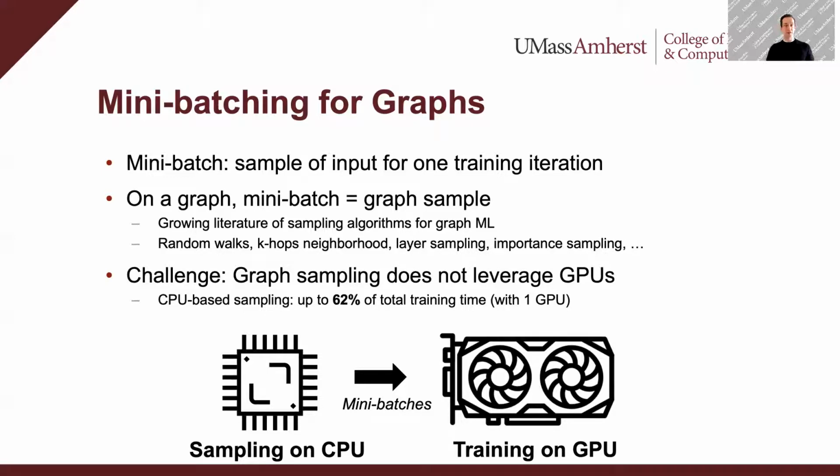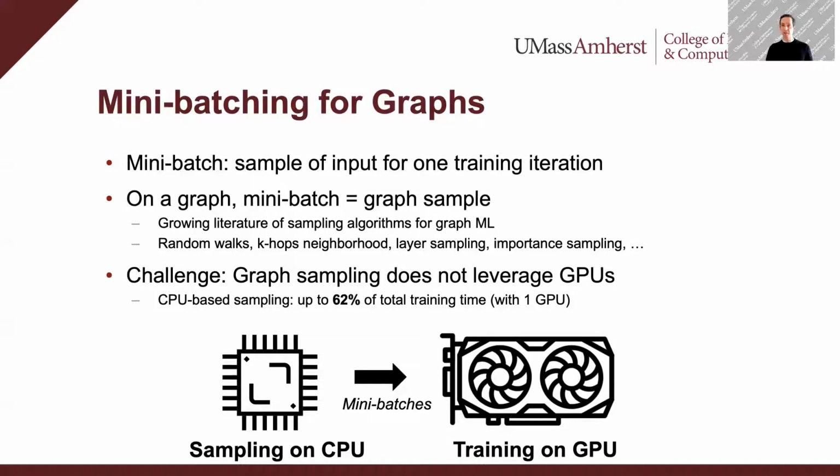The challenge is that graph sampling algorithms do not leverage the GPU. The typical approach is to run sampling on the CPU, because, like before, graph sampling requires a lot of random accesses. So people typically do random sampling on the CPU, and once they obtain the mini-batches that way, they can run the training on the GPU.